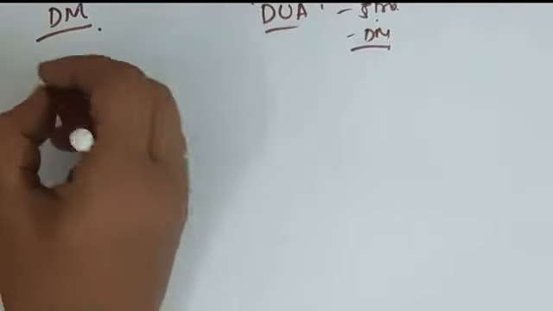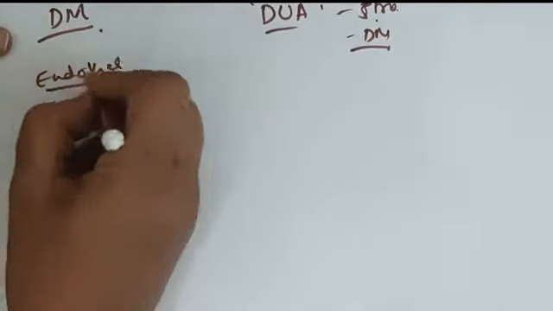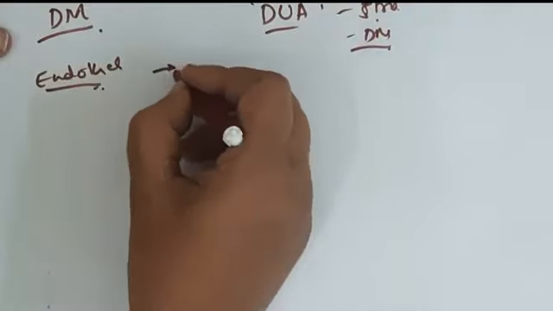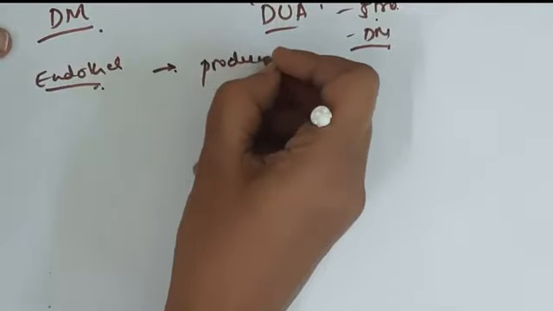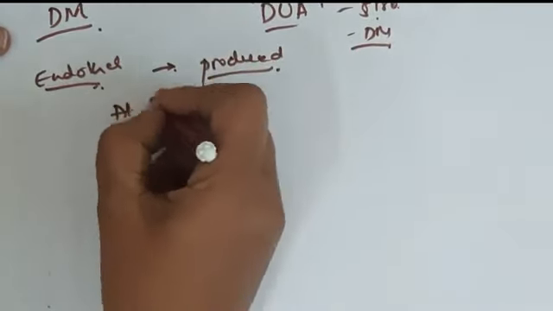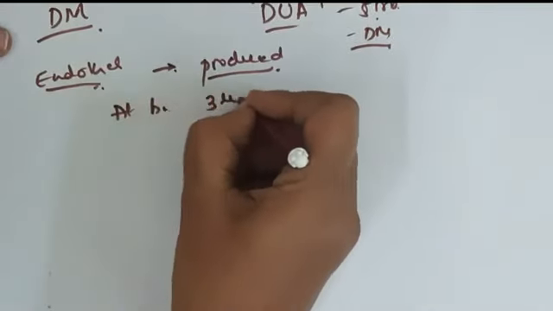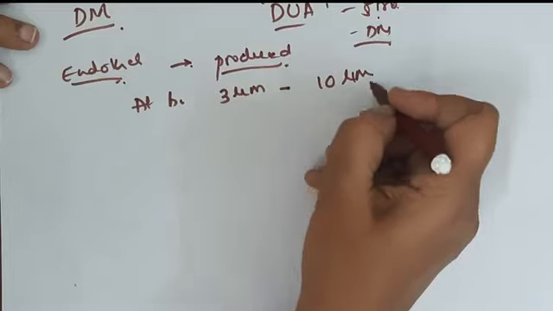This is a thick membrane which is secreted by the endothelial cells. Okay. As it is secreted by the endothelial cells, it is produced constantly throughout life. Produced constantly. So the thickness also varies. At birth it is around 3 micrometer, and as we grow old it becomes 10 micrometer in thickness.